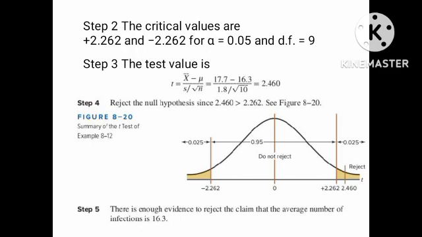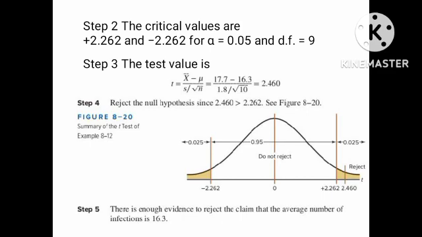Our sample mean is 17.7 minus the hypothesized population mean 16.3, over the sample standard deviation 1.8 over the square root of the sample size, which is 10. Calculating, the answer is 2.462.